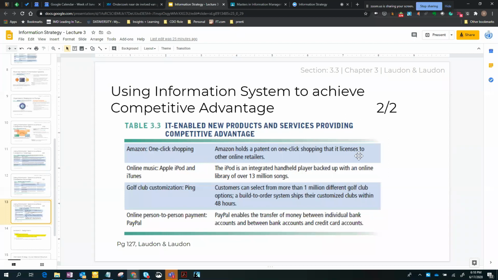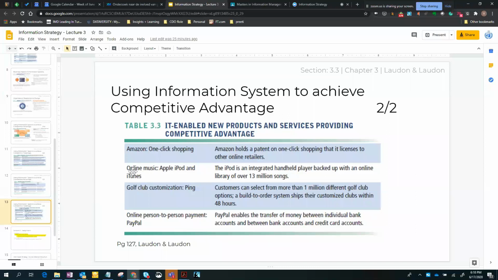But Amazon created this one-click shopping, and it licenses that to other online retailers. Wherever you see a one-click shopping button, you can imagine it has been created by Amazon, and it is being shared, and they get fees for that from other platforms or websites on the internet.